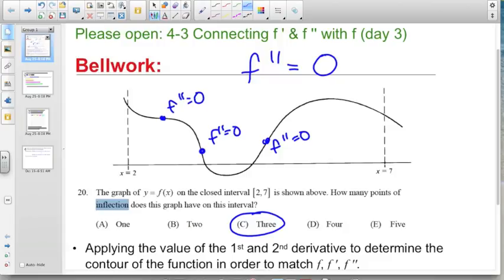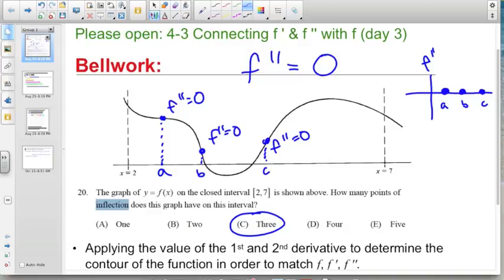Which means if we would call this A and B and C. If we would graph A, B, and C on the second derivative graph, because we know how we're working on graphing the derivatives, where would points A, B, and C be graphed on the second derivative graph? On the axis, exactly. They would be right here, because the inflection points are when the second derivative equals 0.